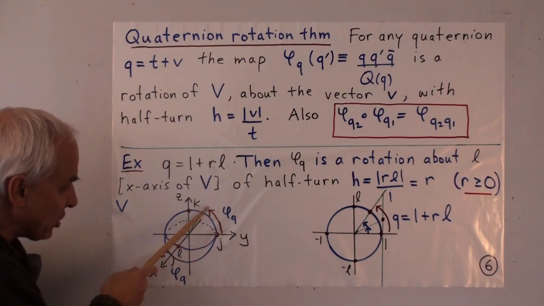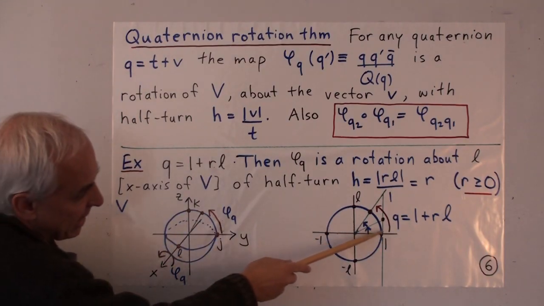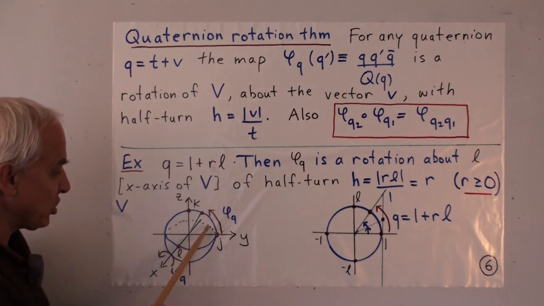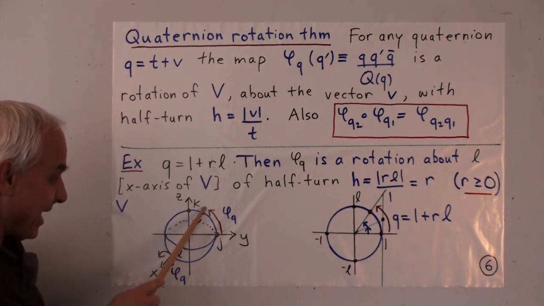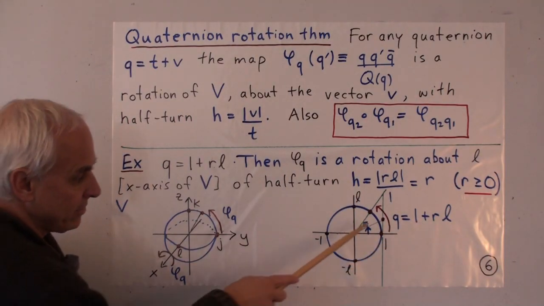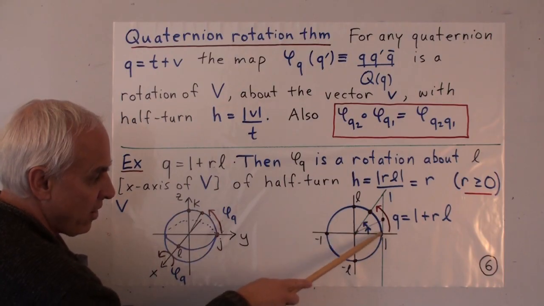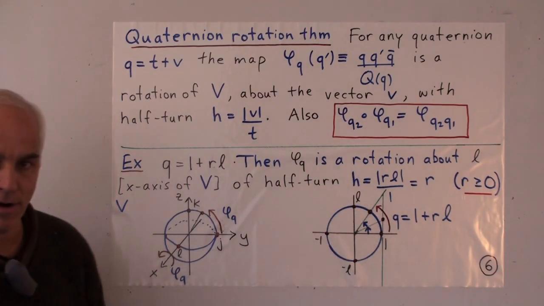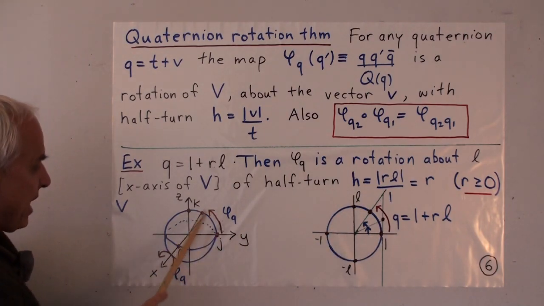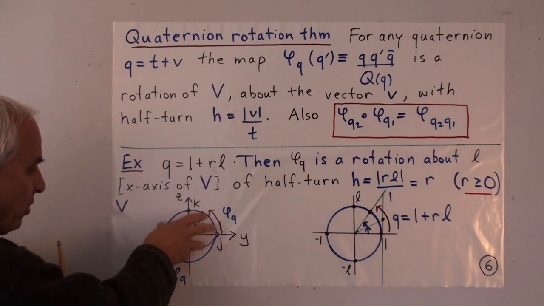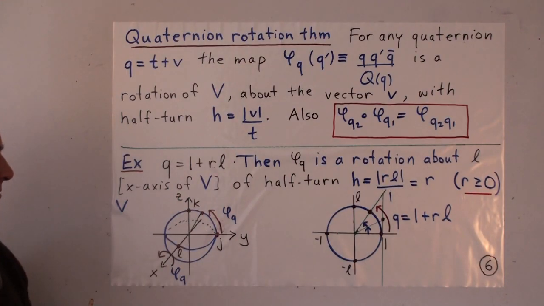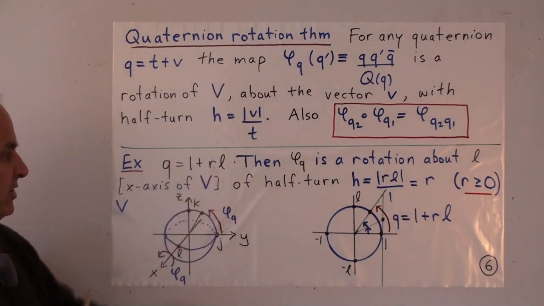And the amount of rotation here is exactly the same as the amount of rotation in this diagram over here. In other words, this whole thing has half turn r. So it'll be that amount there. j will be sent to that, k will be sent to that. That whole perpendicular plane to i will be rotated. That's what Q equals 1 plus ri does.